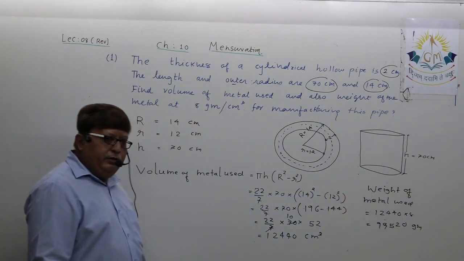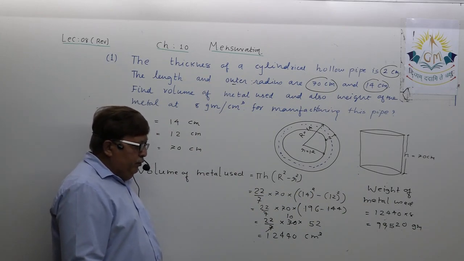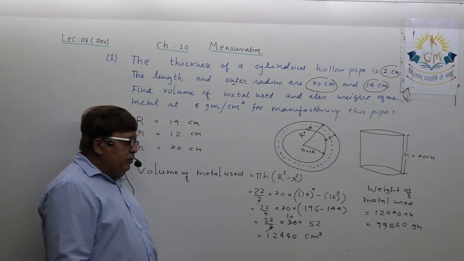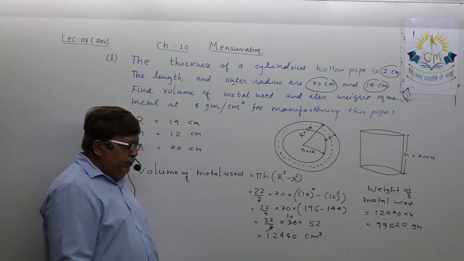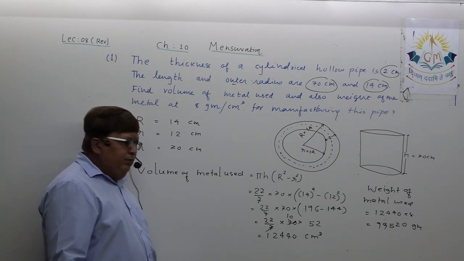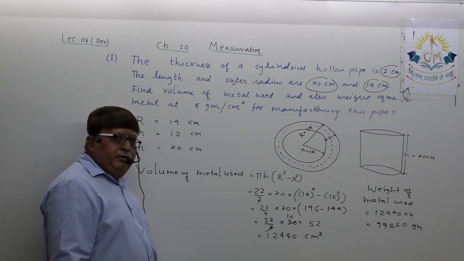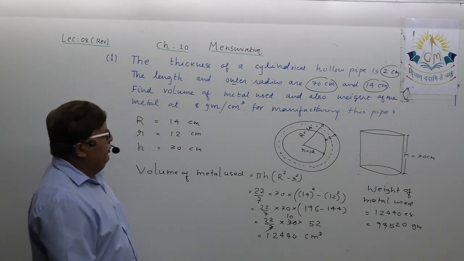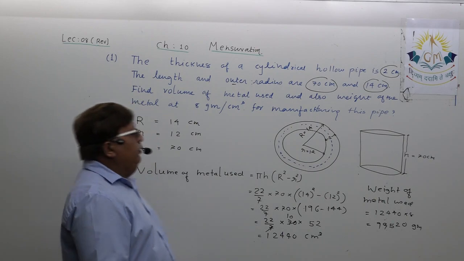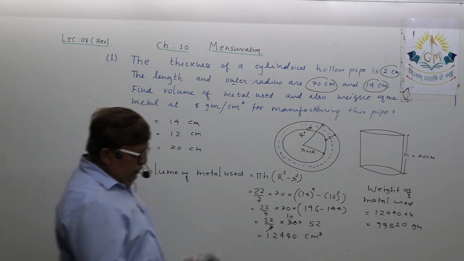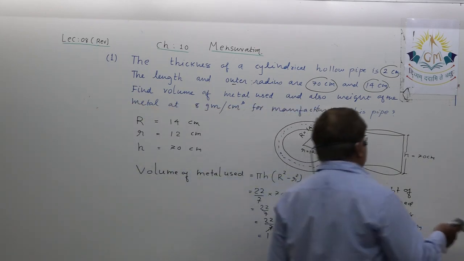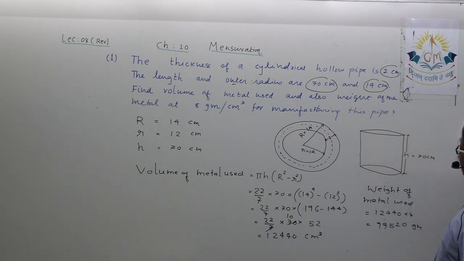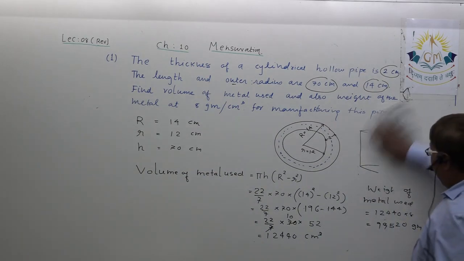Weight of the metal used, 12440 multiplied by 8, which turns out to be 99520 gram. If you just divide by 1000, it turns out to be 99.52 kilogram. That you can do. So is it clear? Right? Let us go for another example.